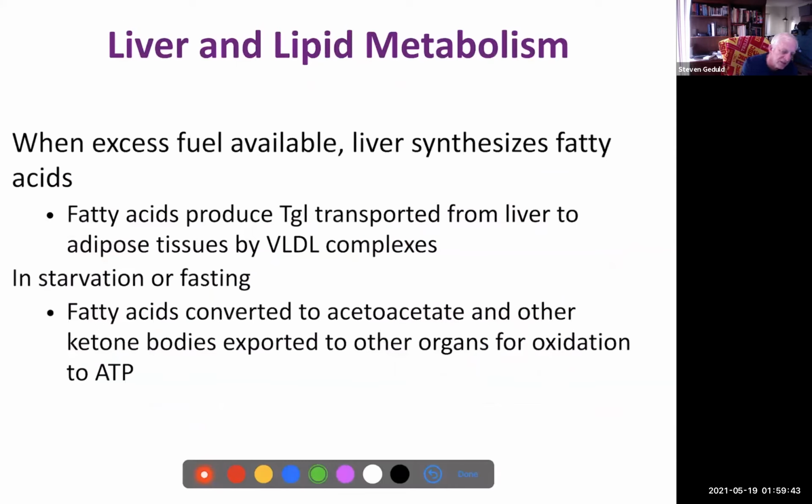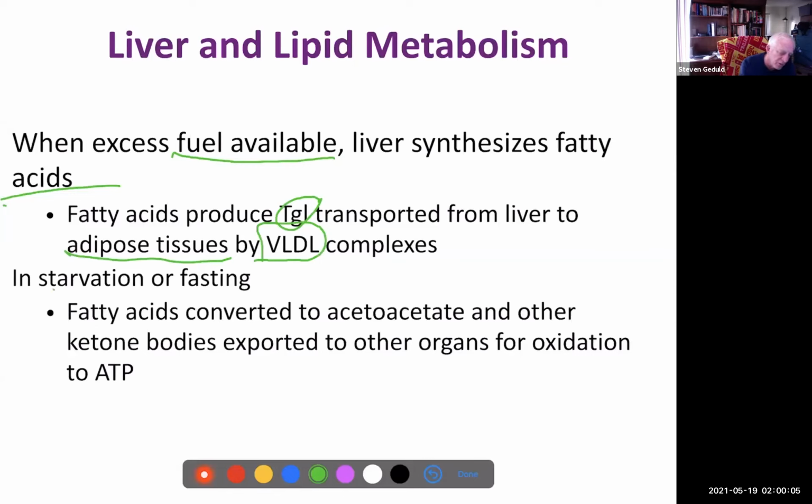Okay, so when excess fuel is available, the liver synthesizes fatty acids. When you eat more than you use, it's got to go somewhere, and you start making fatty acids. Fatty acids produce triglycerides that are transported from the liver to your adipose tissue by the very low density lipoprotein complexes.